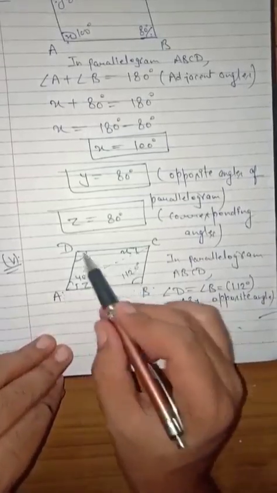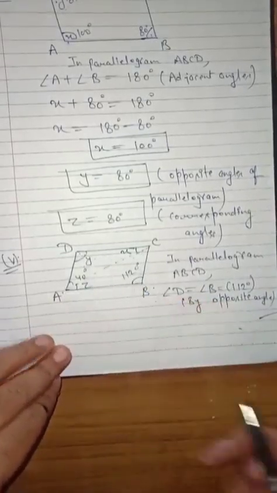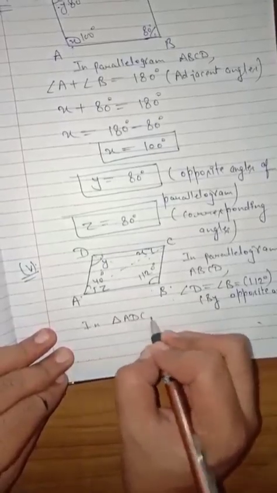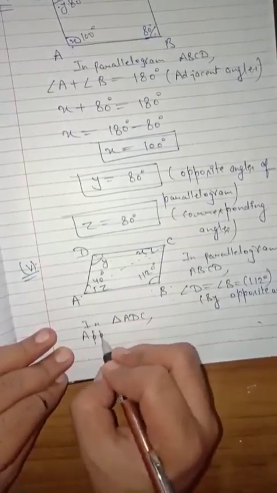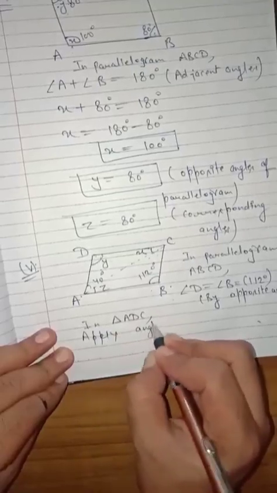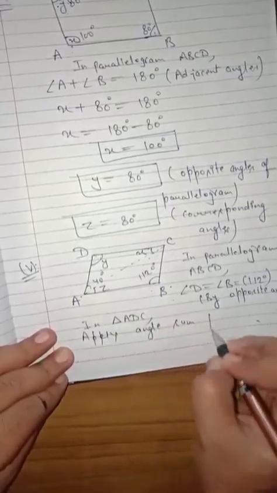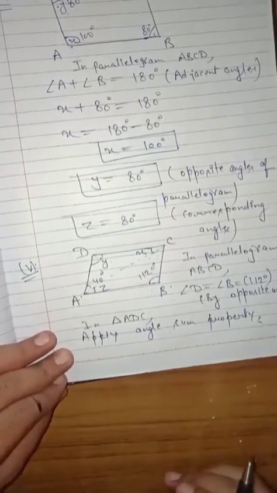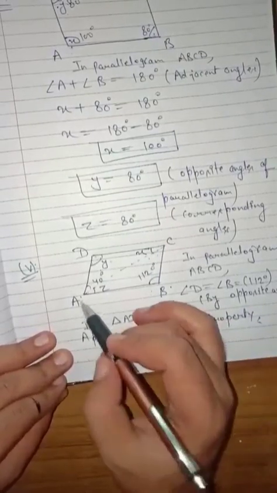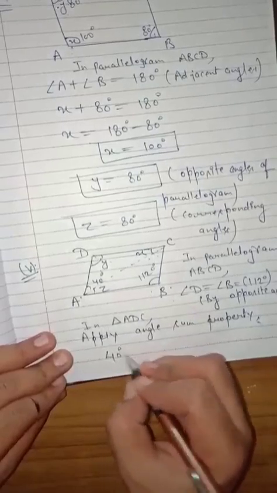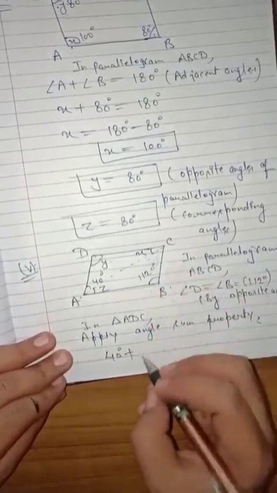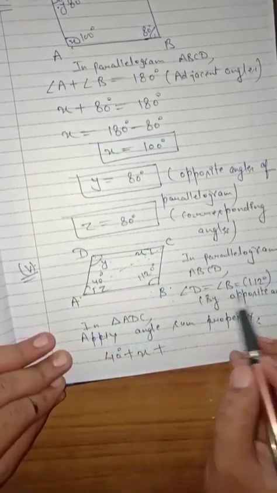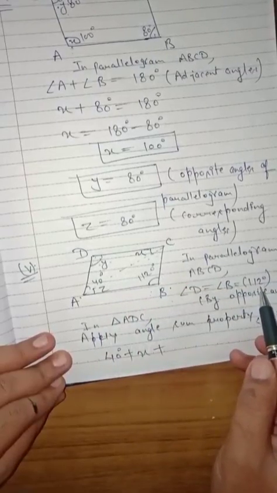So why have we calculated this? Now, as you can see, there is a triangle ADC. So in triangle ADC, we can apply the angle sum property. What is the angle sum property? That is, the sum of all the interior angles of a triangle is always 180 degree. So this angle is 40 degree plus one angle is x, we don't know about this, and one is y. y we have calculated and that was 112 degree.